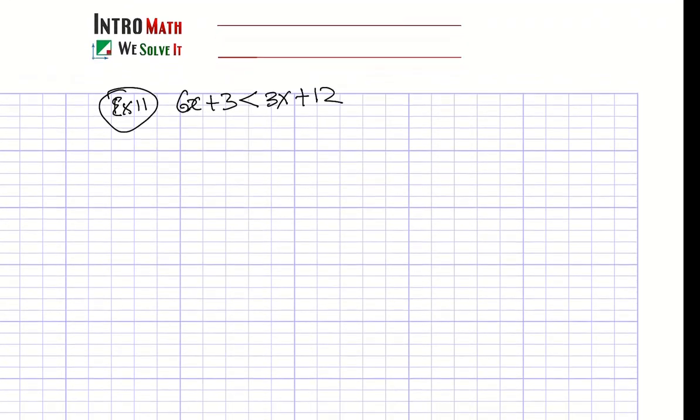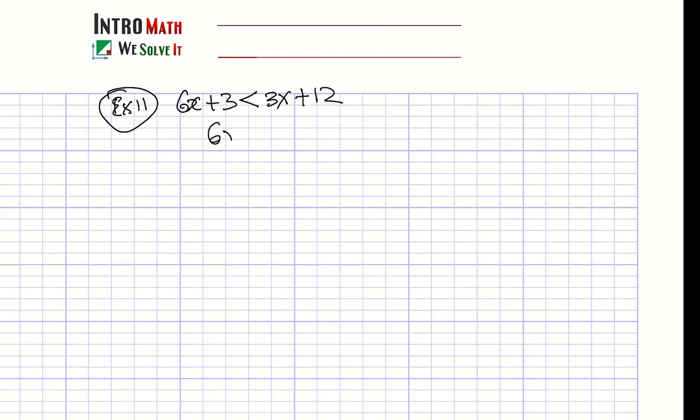We'll go to number 11. Number 11 says 6x plus 3 is less than 3x plus 12, right? So again, we'll isolate the variable on the left.